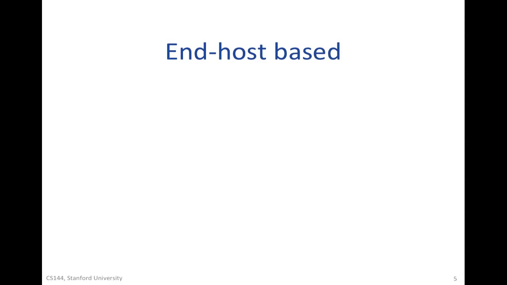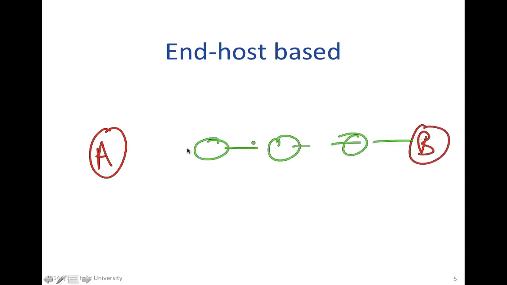So going to the example that I had before, if I have end hosts A and B and then routers in between, if I'm able to observe behavior of the network such that it's enough to be able to decide at what rate I send or how many outstanding packets I have in the network, then perhaps we can implement a congestion control mechanism this way. This is nice because it doesn't depend on the behavior of the routers, or on them sending specific information back, so we can evolve and adapt it over time without having to change the network in between.